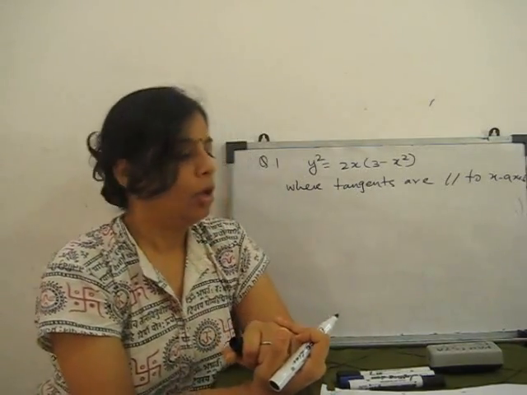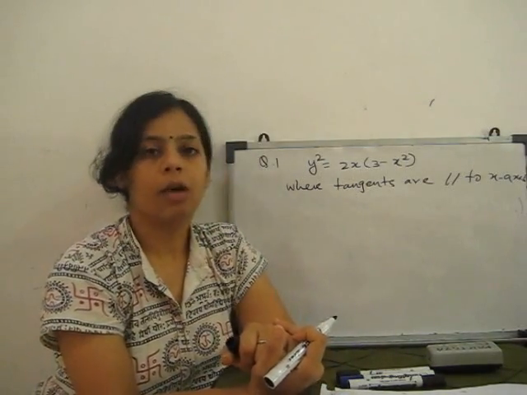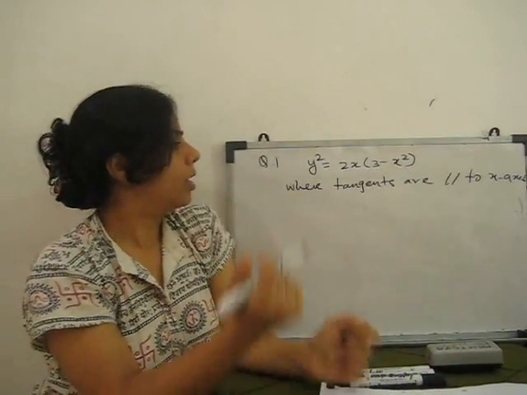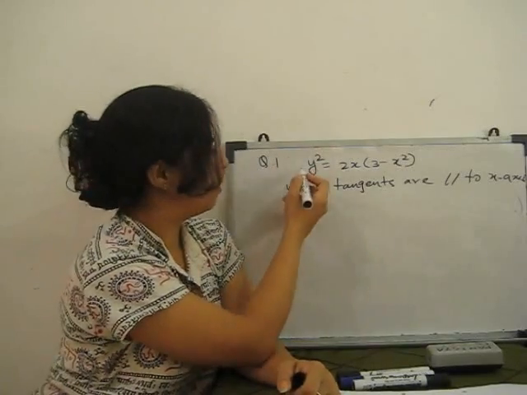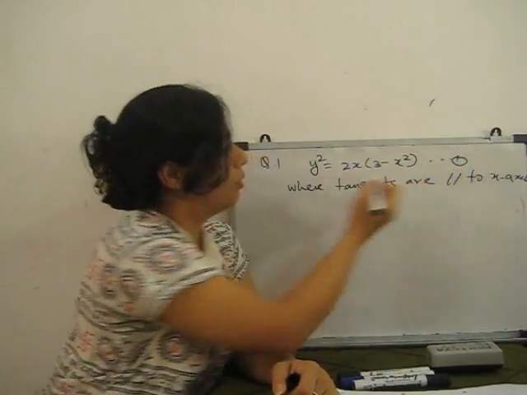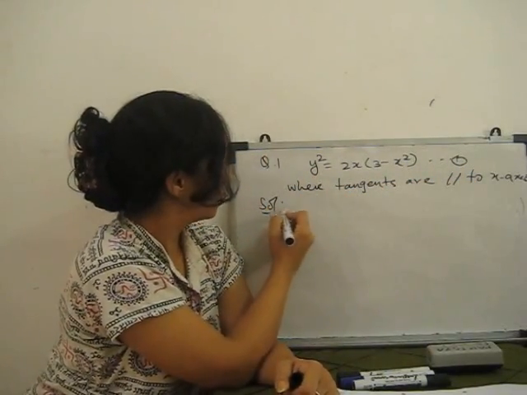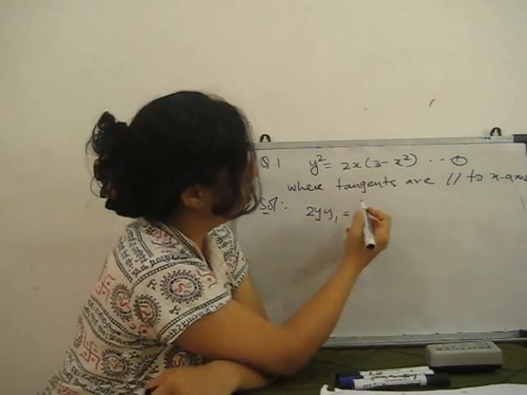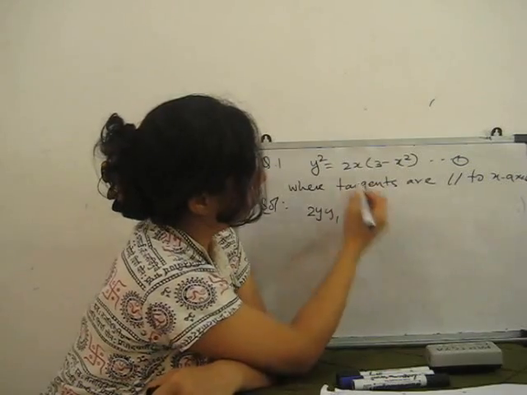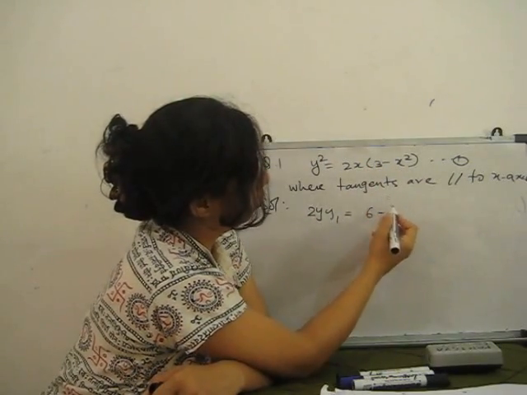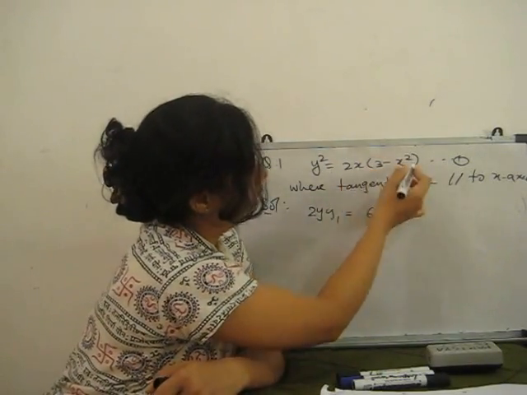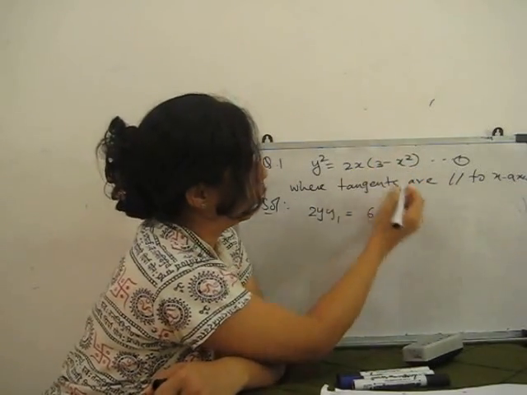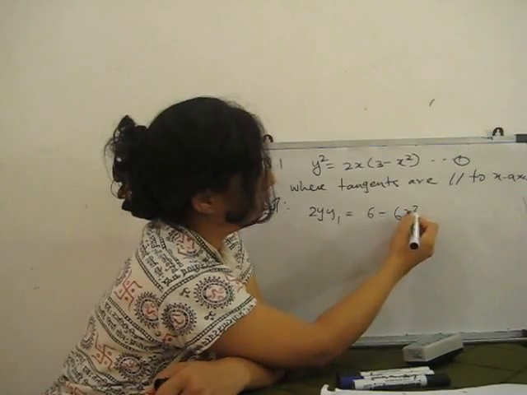First, step 1, we have to find y1 and y2. For y1, dy by dx, we differentiate this equation with respect to x. So when we differentiate, 2y1 equal to 6 minus 4x cube. So this becomes 2x cube; 2 into 3, 6x square.